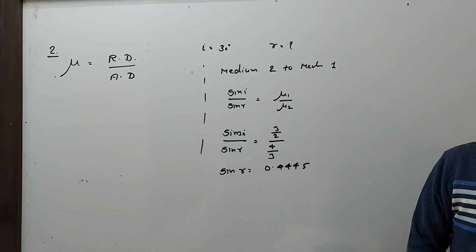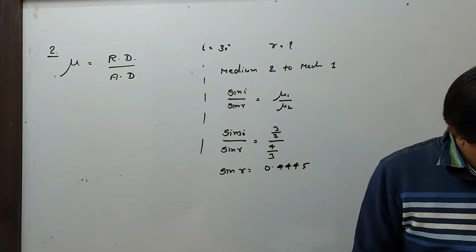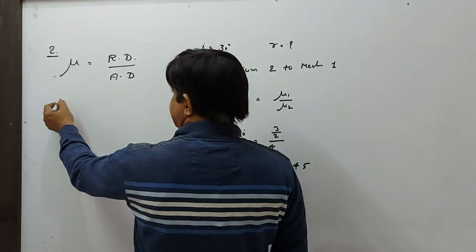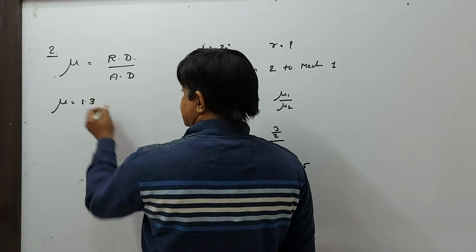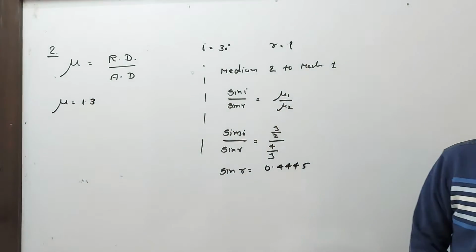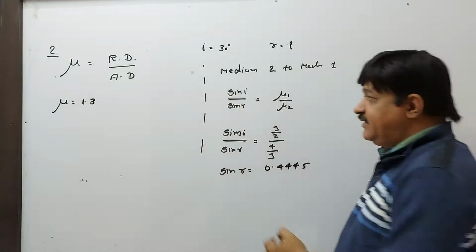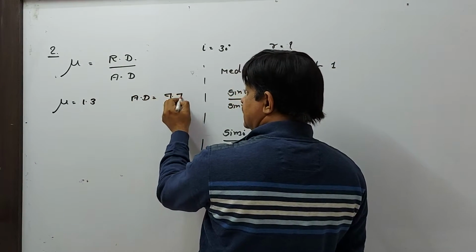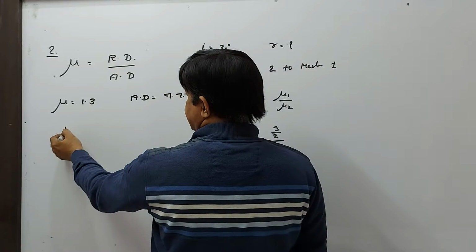In the given problem, if it is given that refractive index is 1.3 and apparent depth is found to be 7.7, what will be real depth?